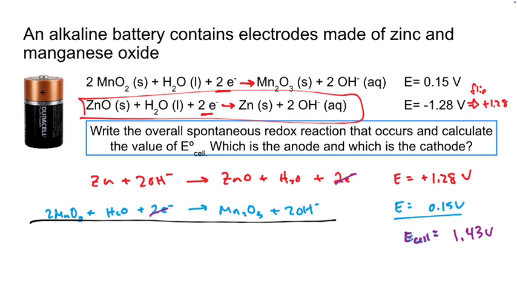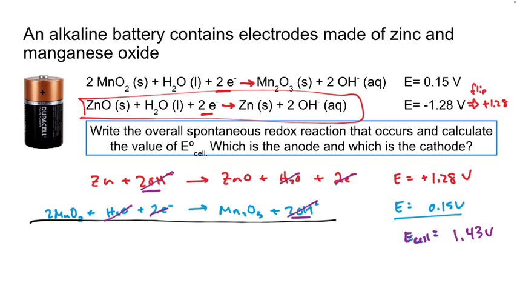Depending on how you want to approach this is kind of up to you. You'll note that I wrote all of these equations out. I flipped so that I could see these systems. Okay? I flipped so that I would actually be able to navigate the mathematics for the overall cell potential. Because what do we see happening? I get 2 hydroxide ions on the left and 2 on the right, which means those will cancel. What happens to the water?